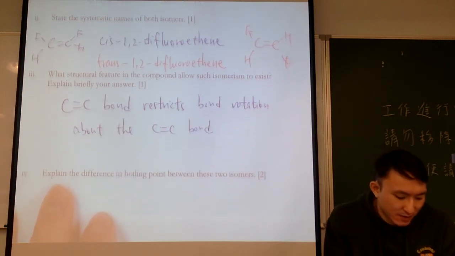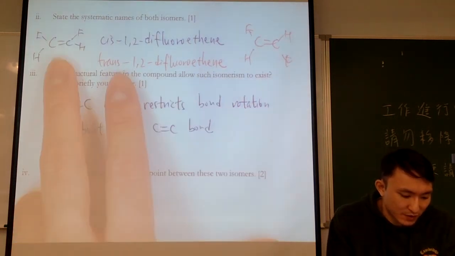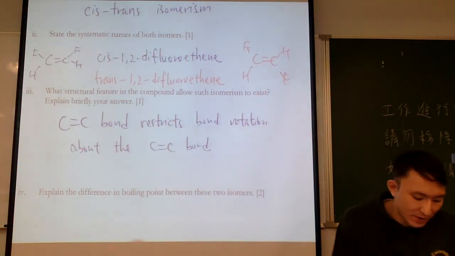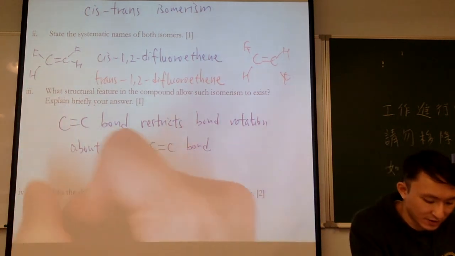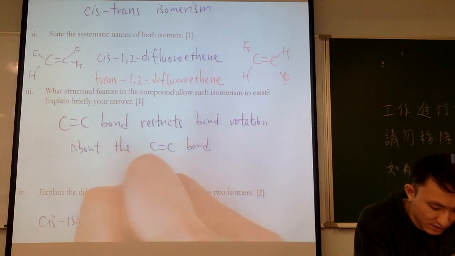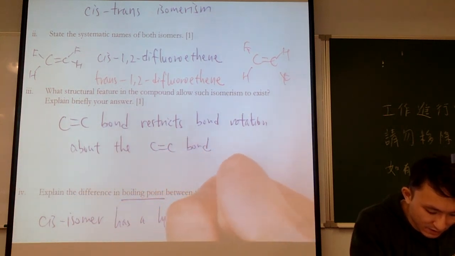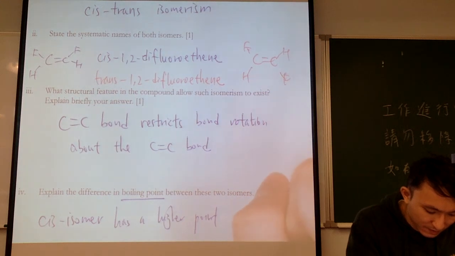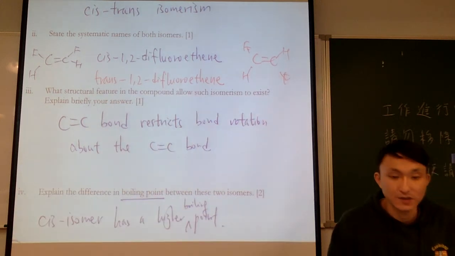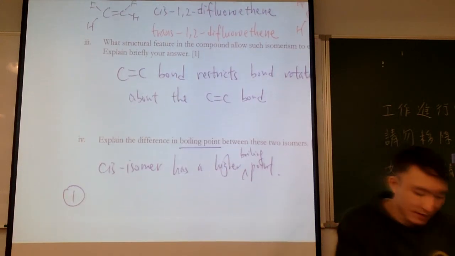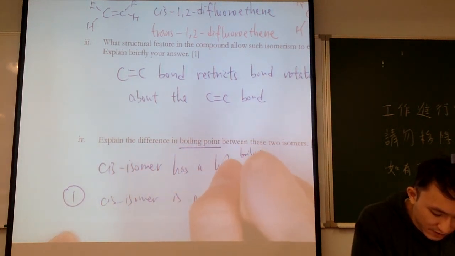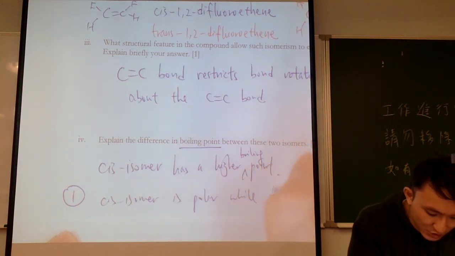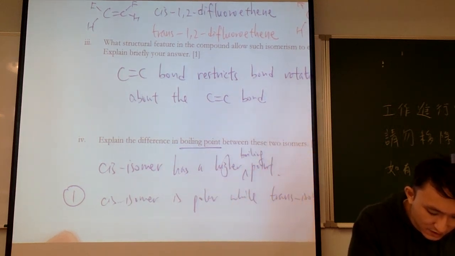Okay, explain the difference in boiling point between the 2 isomers. So this one versus this one. Now, boiling point, and in this case, you should have the cis isomer having the higher boiling point, because the cis isomer is polar, while the trans isomer is non-polar.